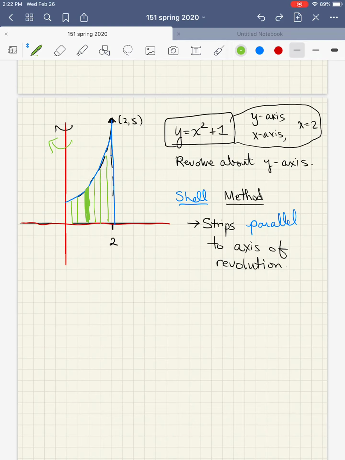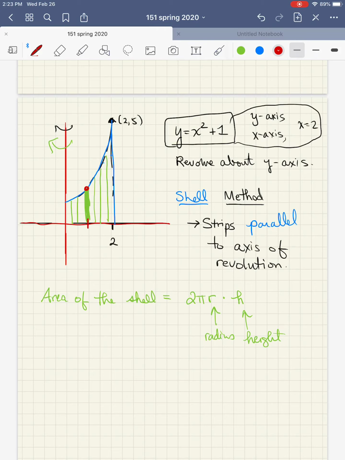And if we think about that shell, the area of that shell is going to equal 2 pi times the radius of that shell times the height. And so if I think about this one here, let's zoom in and look at this shell in particular.